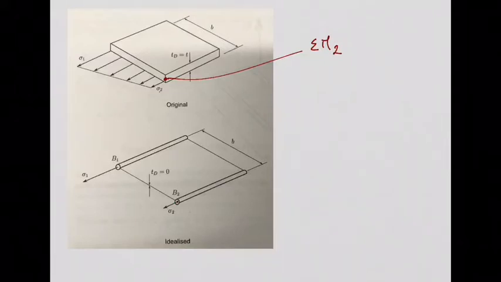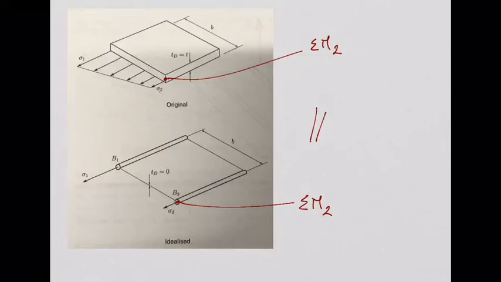Then I go to the idealized model, I take the same point, and calculate the summation of moments about that same point for the idealized model. And then I'm going to say, okay, if I want to build the model that is equivalent to the real one, these two moments need to be equal. Right? If these two moments are equal, basically I'm saying that in terms of the moments they are producing, the real structure and the idealized structure are producing the same moment about point 2. This is a kind of equilibrium, maintaining the equilibrium, okay?